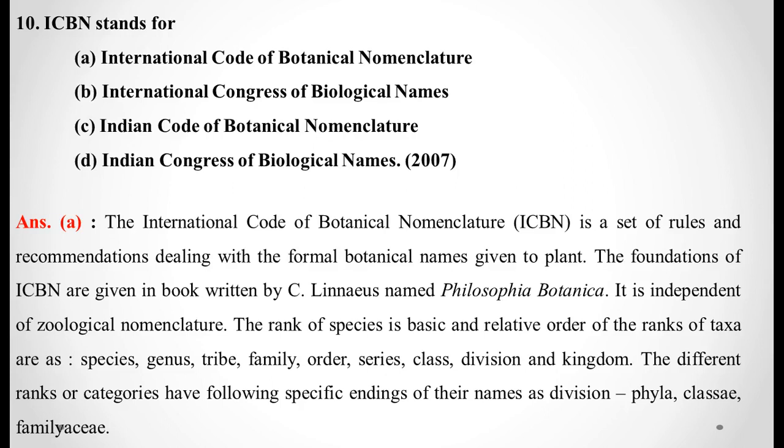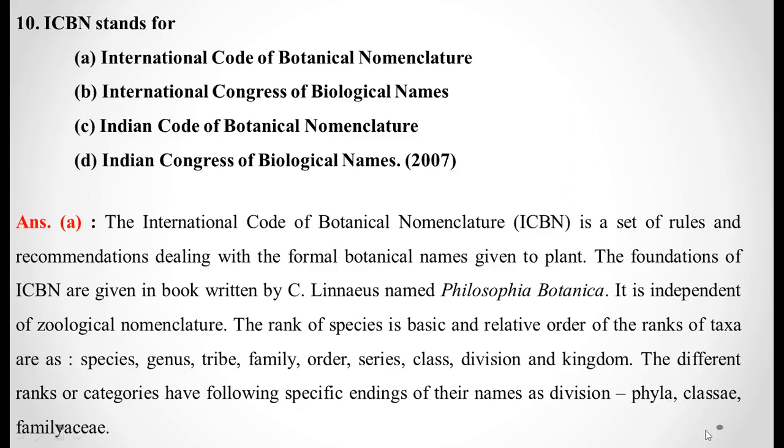The different ranks or categories follow specific endings. They have special endings with their names: division as phyta, classes as ae, orders as ales, and family as aceae.